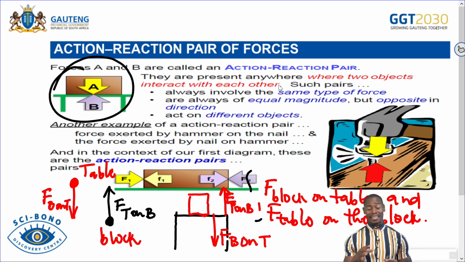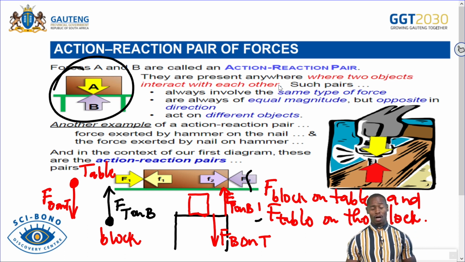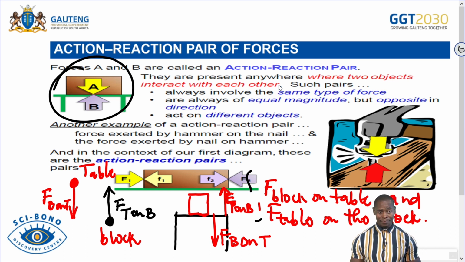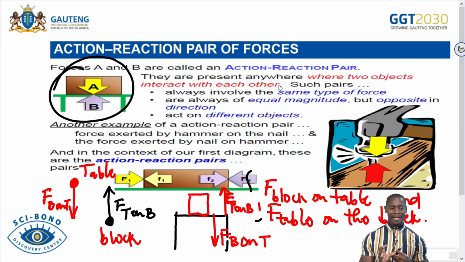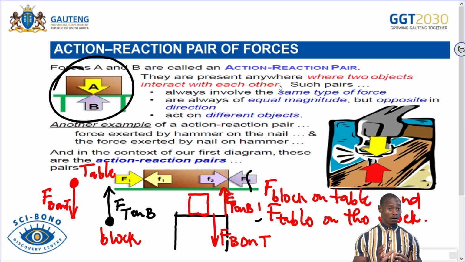So it's another very important thing when it comes to Newton's third law. One is to state the law correctly according to the examination guidelines. Then also identifying the action-reaction pairs. With an action-reaction pair, we are talking about a pair of forces exerted by objects on each other.